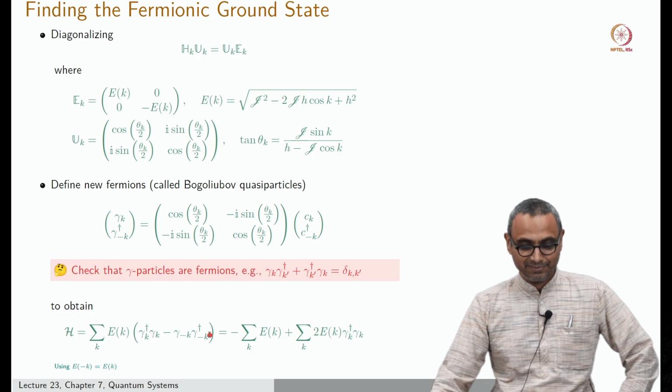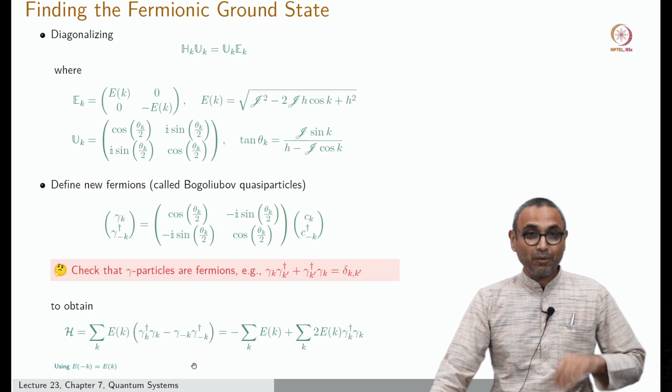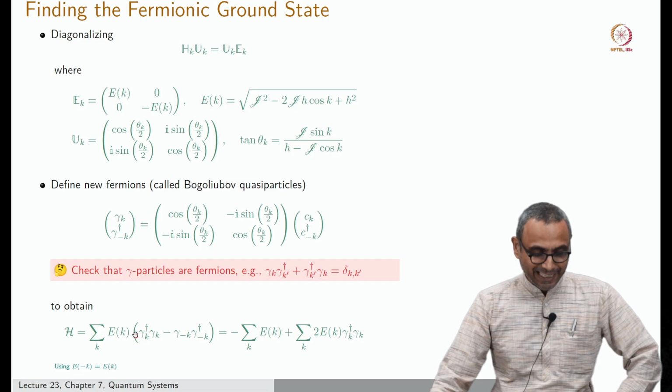Okay. Now a bit of algebra will tell you that this is just counting the number of Bogoliubov particles in the state K minus this quantity.